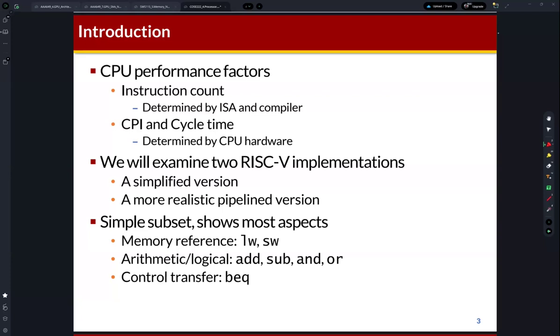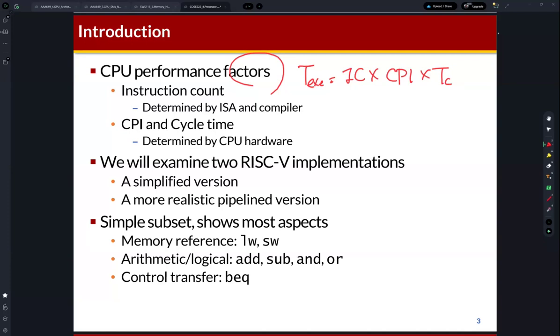So we need to consider the performance factors. Usually in hardware design, you need to remember this equation. This equation will not be provided in the exam. What is the execution time? It is the instruction count times CPI times TC, where TC is the clock period.